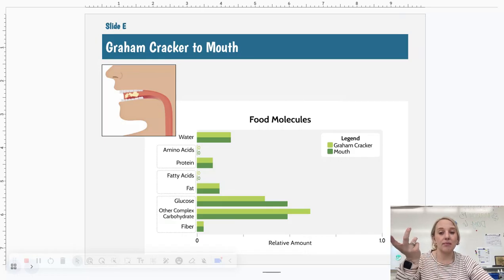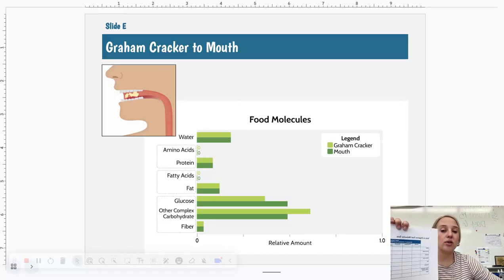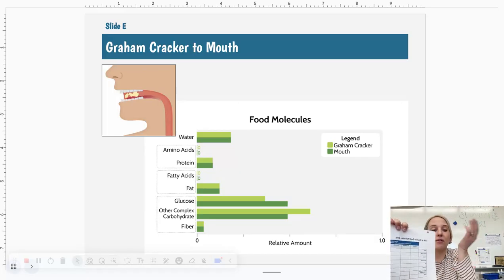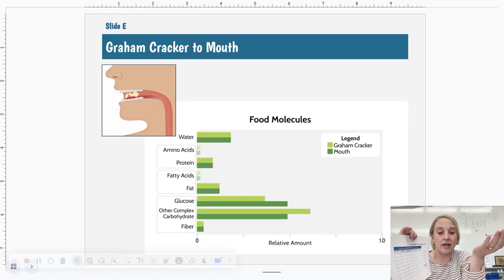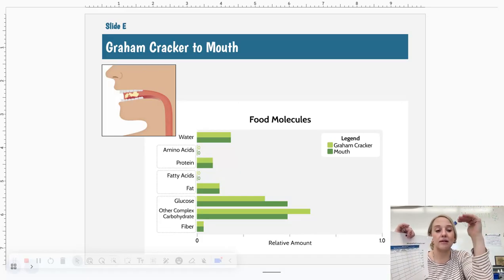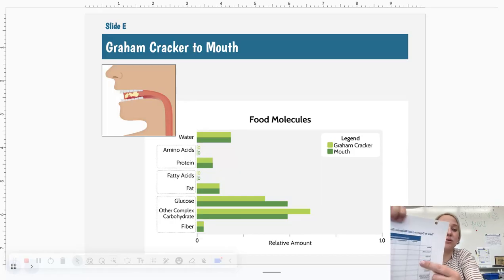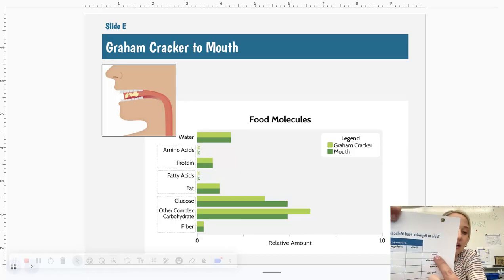So, for example, from the graham cracker to the mouth, we did this one in class together, but let's take a look. For water, if we take a look at this chart, the previous location is the graham cracker, the new location is the mouth. So we're comparing the light green bar to the dark green bar. Is there any change? Increase, decrease, equal, or is it at 0? You'd put that in this box right here.